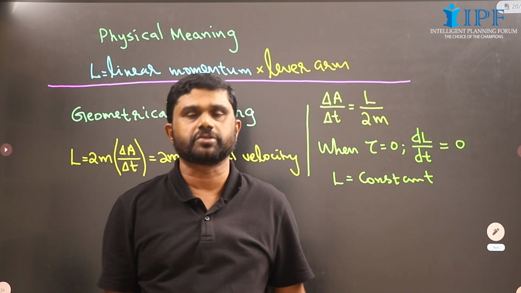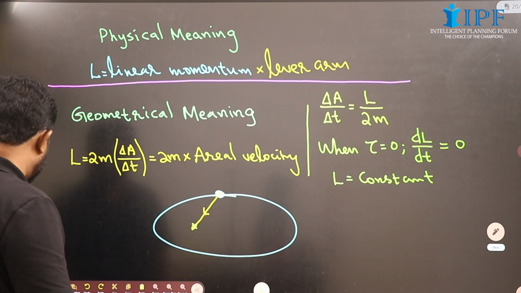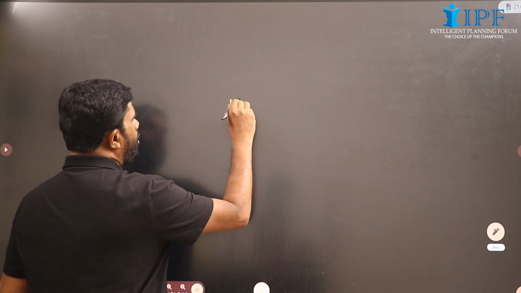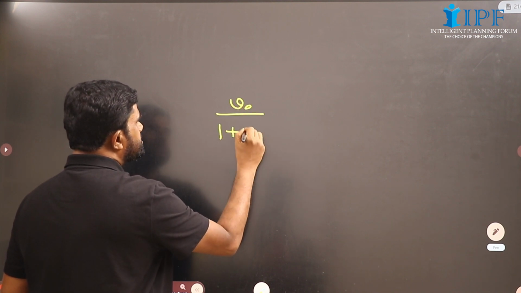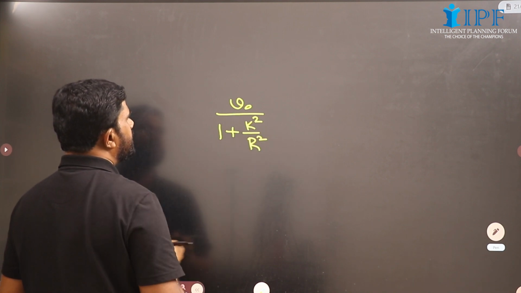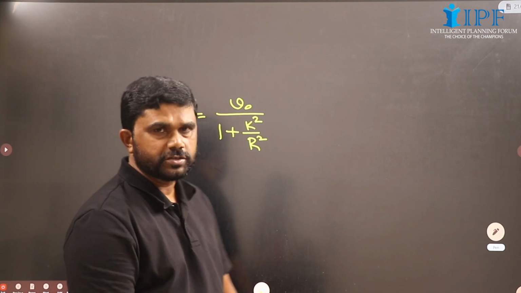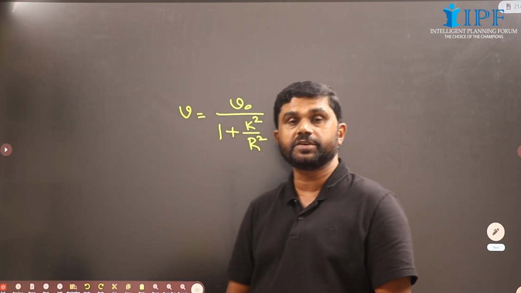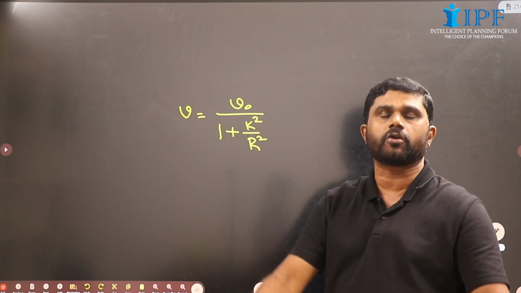The body starts with the velocity v0. The body starts pure rolling when its velocity falls to v0 divided by 1 plus k square by r square.